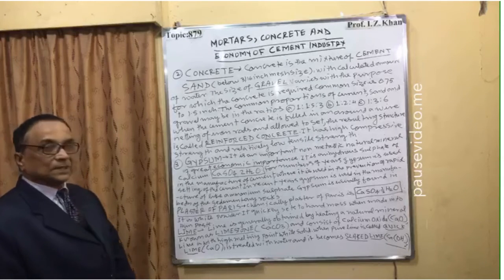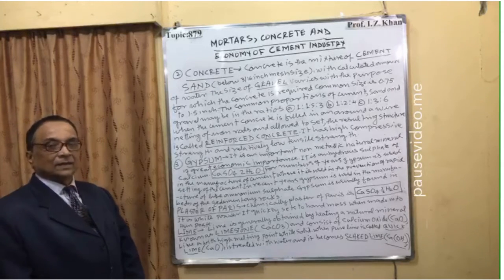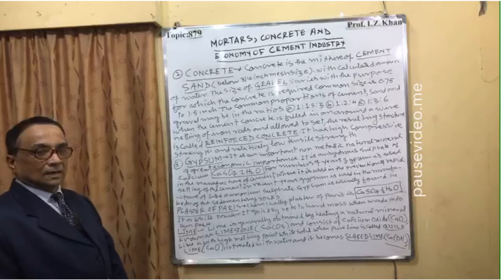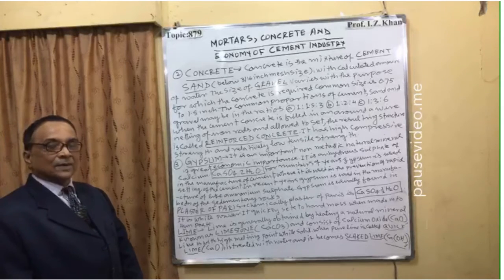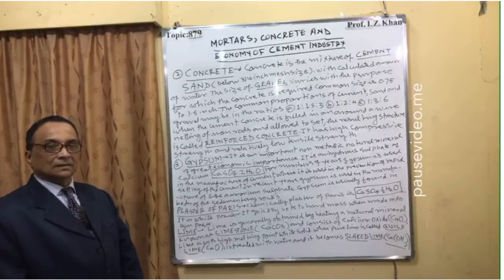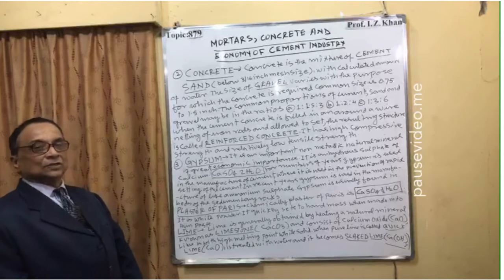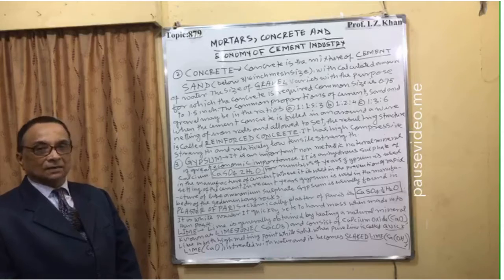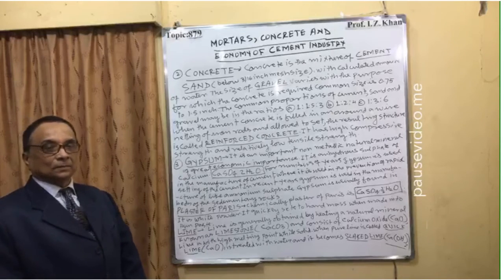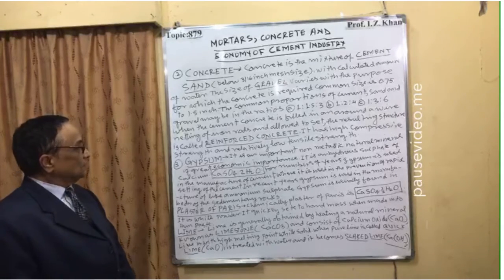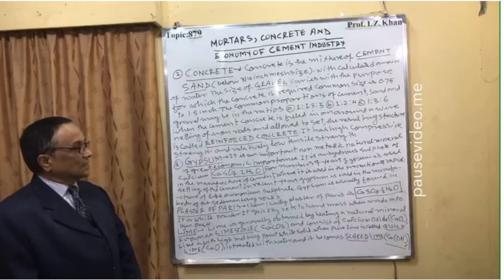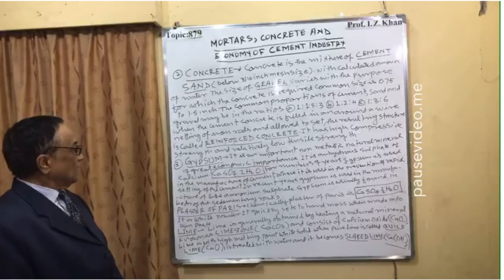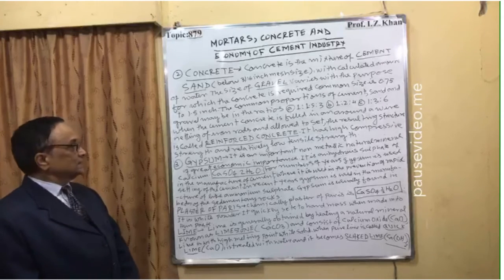Number three, gypsum, is a very common non-metallic mineral, widely used in construction, the cement industry and the preparation of plaster of Paris for decorative purposes. It is an important non-metallic natural mineral of great economic importance.